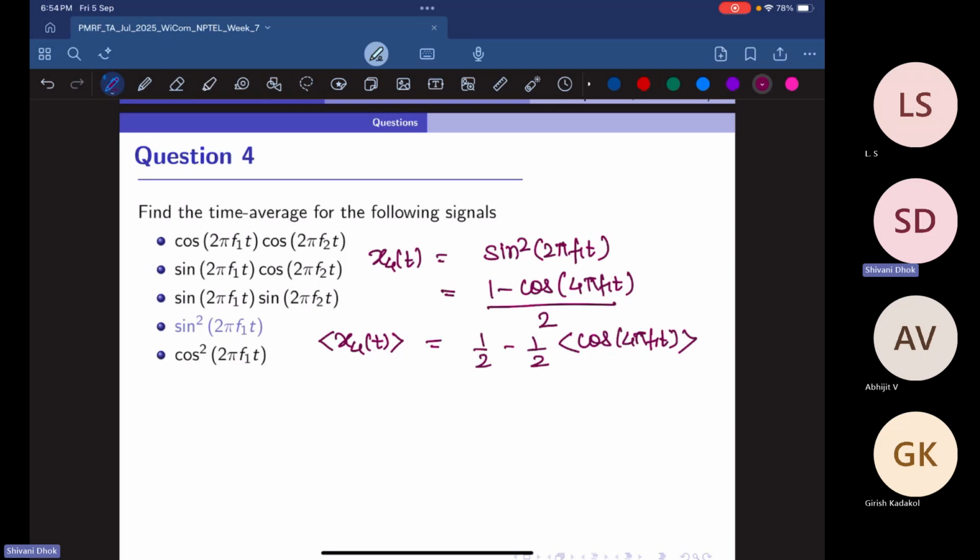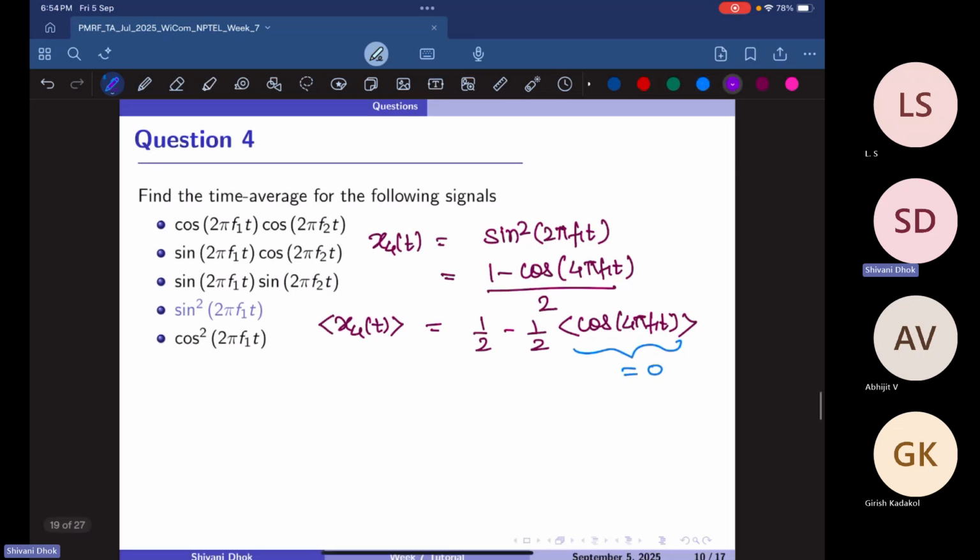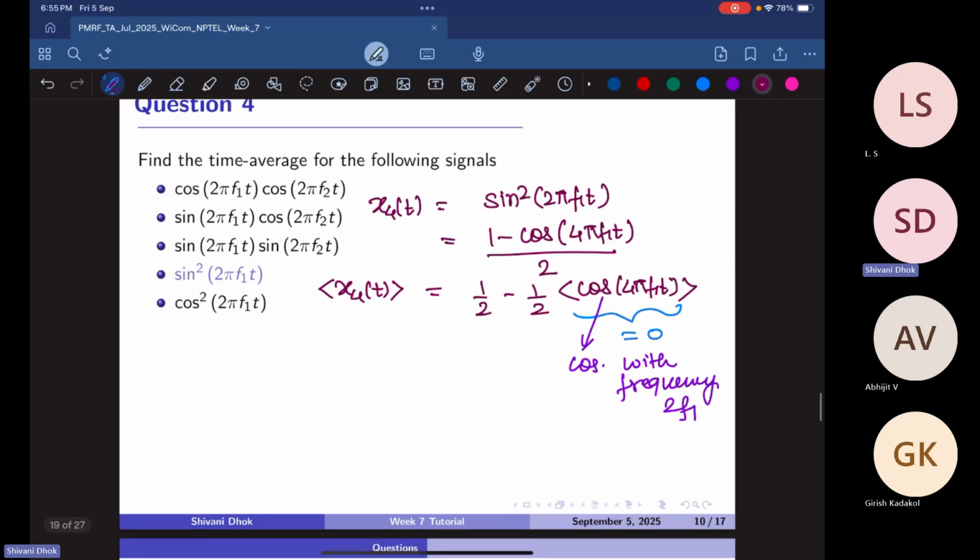Half is a constant, you can take it outside, and this quantity here is equal to 0. This is basically a cosine with frequency 2f1, so this comes out to be equal to 0. Therefore, this is equal to half minus 0, which is equal to half.